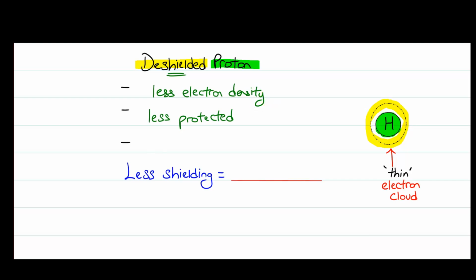A deshielded proton appears further downfield, which means further to the left. So if shielding pushes a peak to the right, deshielding pushes a peak to the left. This is the big core idea behind chemical shift.